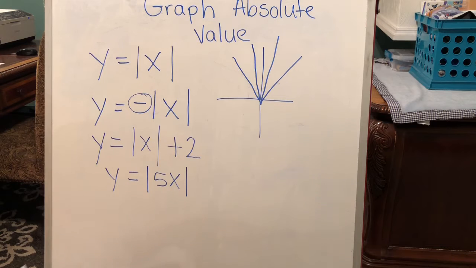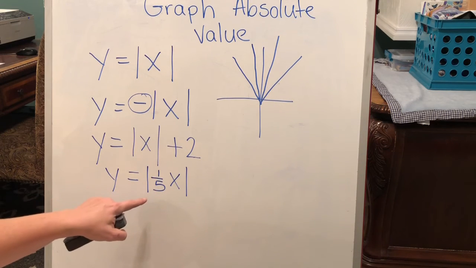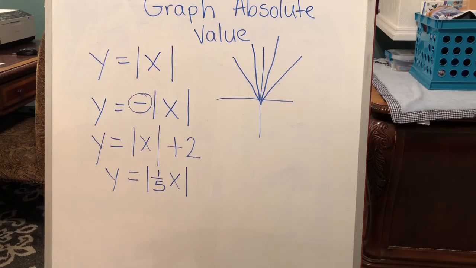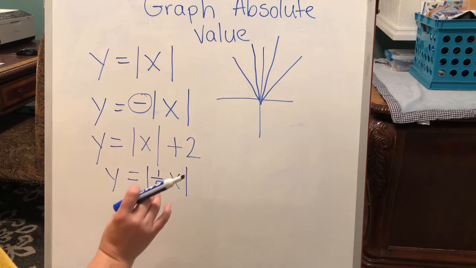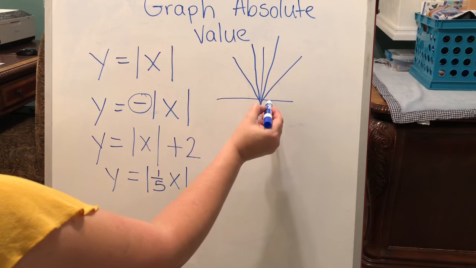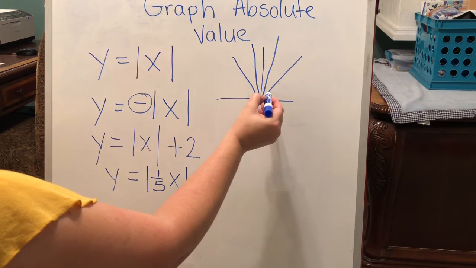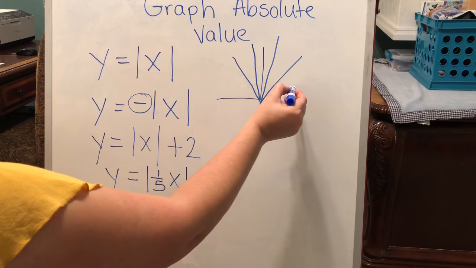And now let's look at the opposite, or instead of a whole number, let's look at a fraction. So the value of 1/5 x would actually be x is now 1, but y is 1/5. So x is 1, but y is smaller. Then if x is 5, y is 1.